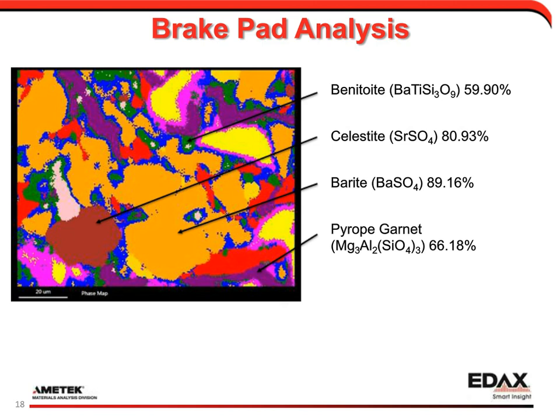There is another question, whether we can apply this to the desktop microscope. Yes, we can. The spectrum matching is a licensed feature for the TEAM software, but we can apply it to basically any EDS detector that comes with the TEAM software.